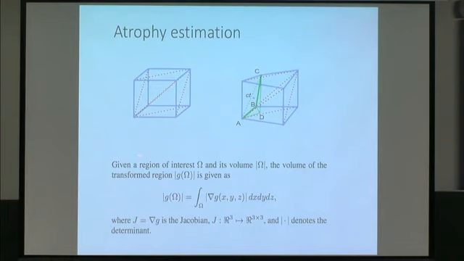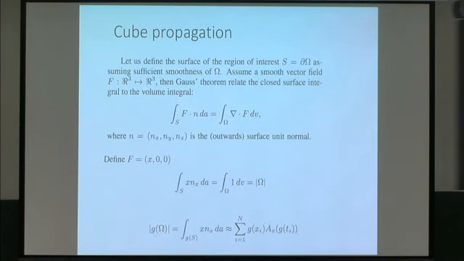So the standard way people have been doing it is taking the Jacobian and then integrating it over the area you're interested in, in order to find the volume. Looking at it that way, we can also make it into a surface integral with Gauss's theorem.